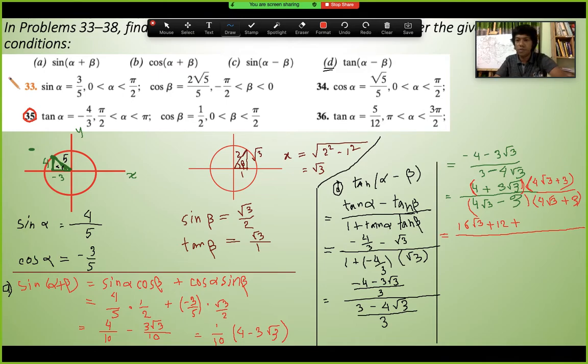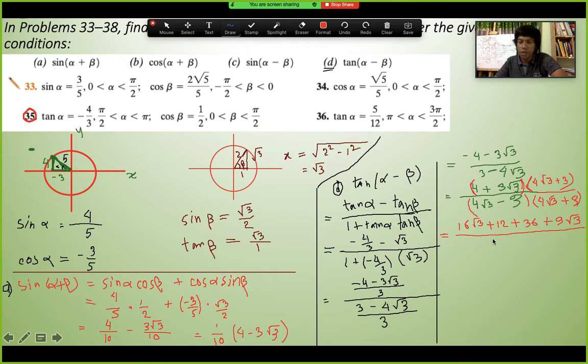See, if I do it in one line, 3 root 3 means 3, so if we multiply all of them, it becomes 4 into 3 into 3, so basically 36 total. 3 into 4 means 12, 12 into 3 means 36, that's why. Then plus, you have 3 root 3 into 3, so 3 threes are 9, then root 3, that means it is 9 root 3.